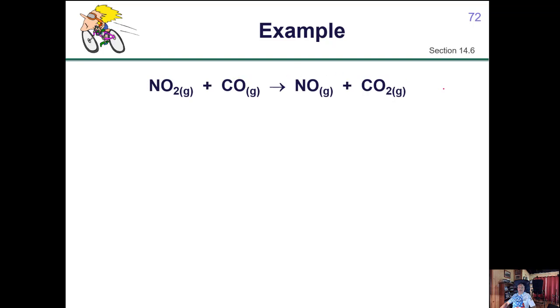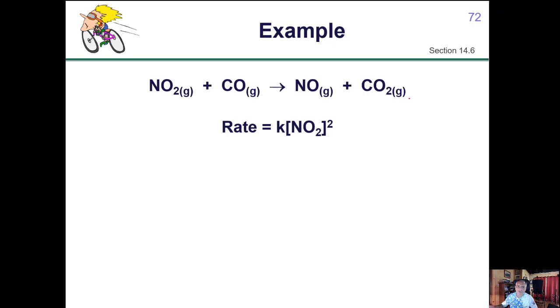Now, this could be a single-step reaction, but if we go into the lab and we perform a kinetics experiment to try and determine the rate law, and we determine that it has this rate law, well, there's some peculiarities about this rate law that tell us that this is not a single-step reaction, that there's something else going on.